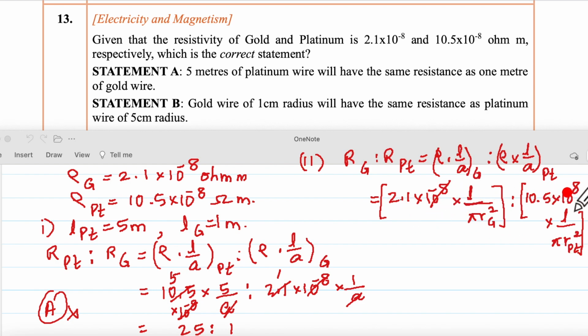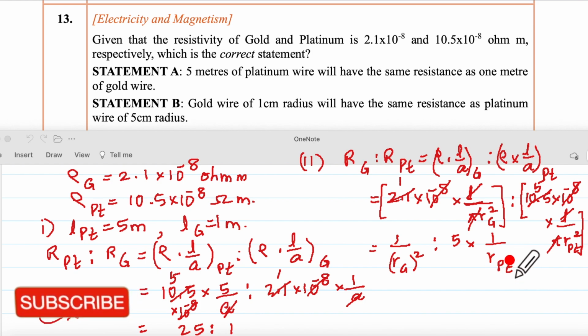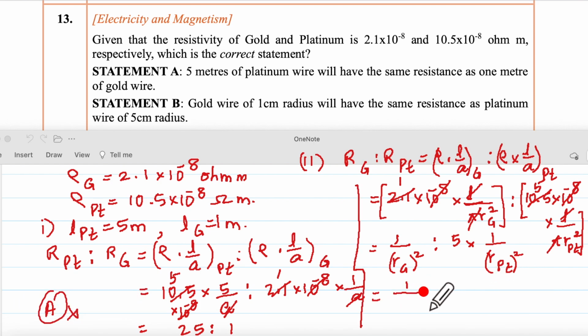Let us see 10 to the power 8 getting cancelled, L getting cancelled, pi getting cancelled, and this number will divide here and it will go 5 times. What do we get over here? 1 upon the radius of gold whole square is to here 5 multiplied by 1 upon radius of platinum whole square.